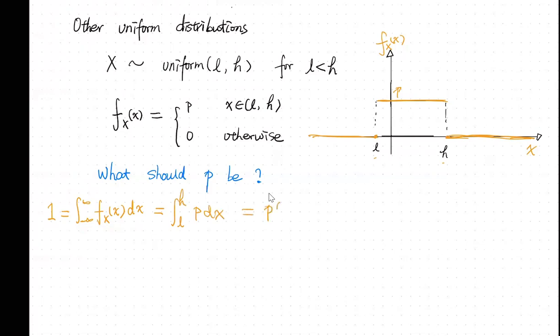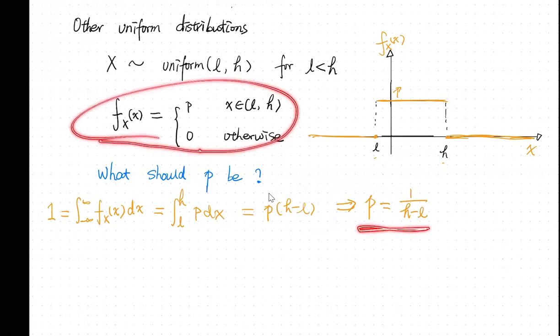And that is P times H minus L. So if 1 equals P times H minus L, then P has to be the inverse of H minus L. So therefore, the probability density function of the uniform distribution on the interval L to H is given by this, with P equals the inverse of H minus L.